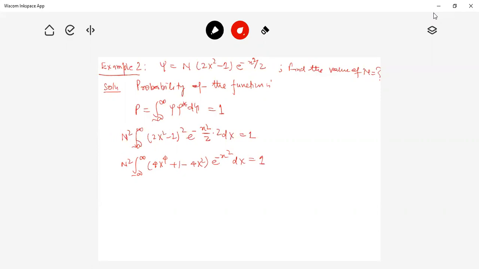Then using the standard value, what is the standard?